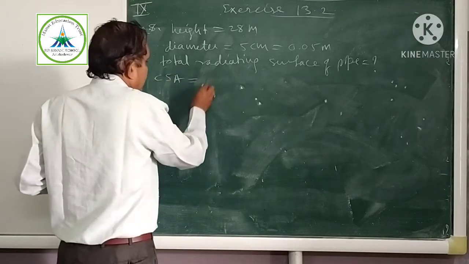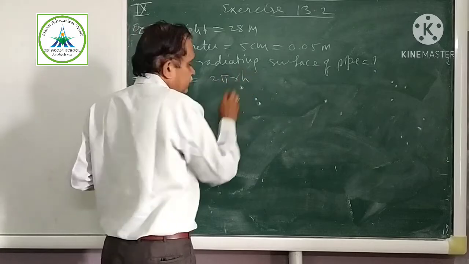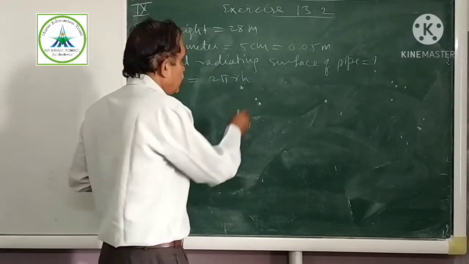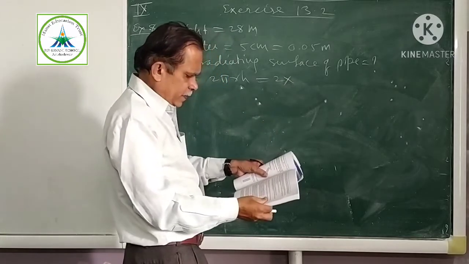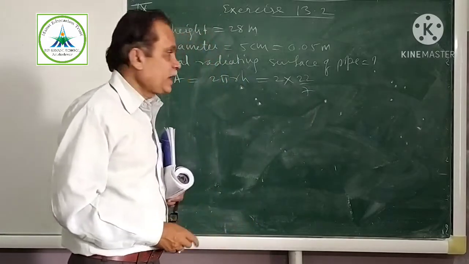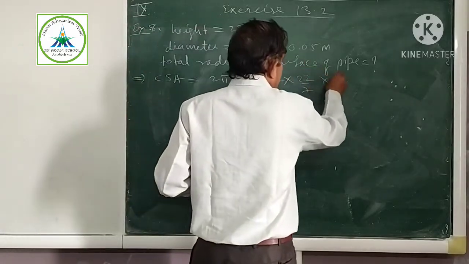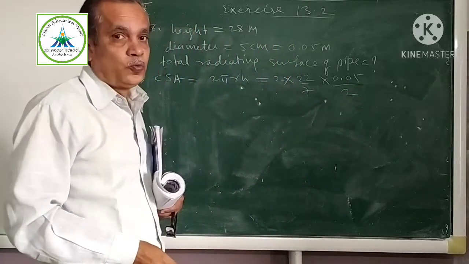CSA equal to, what is the formula? 2 pi RH. 2 pi RH. Now put the value 2. If you are given the value of pi, you put it; if not given, you put 22 by 7. Okay. R, radius: 0.05 is the diameter, so we will divide by 2.